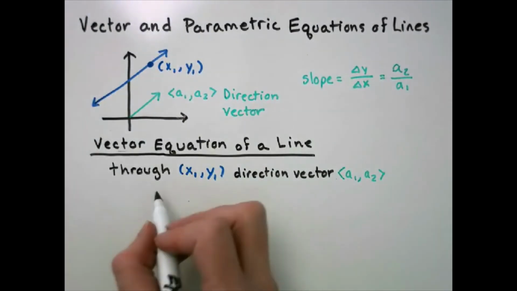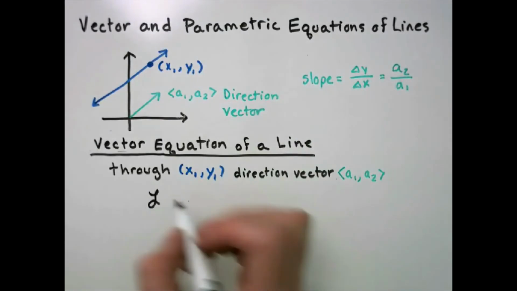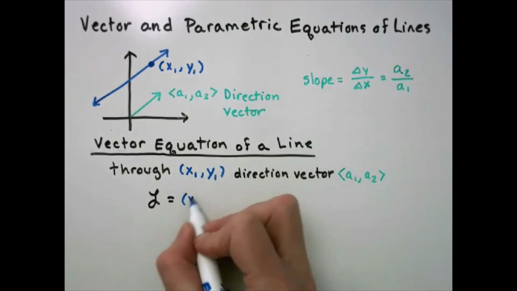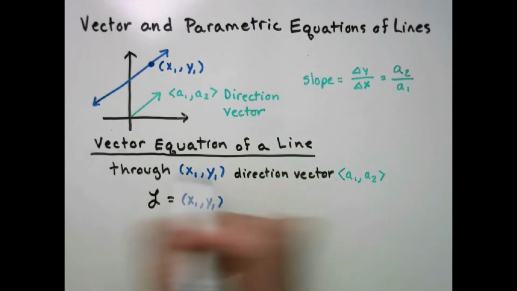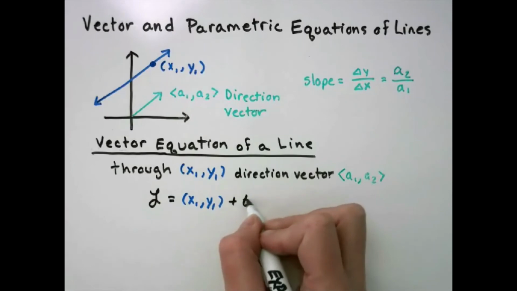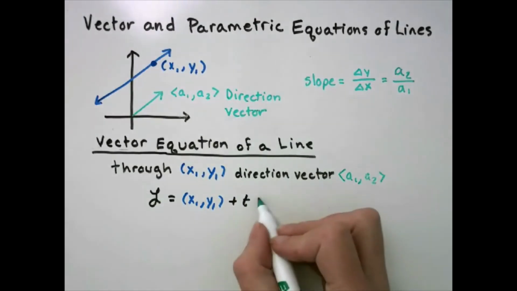So this, don't worry too much about this notation, but it's just something used in vectors, is going to equal the point plus t times the direction vector.